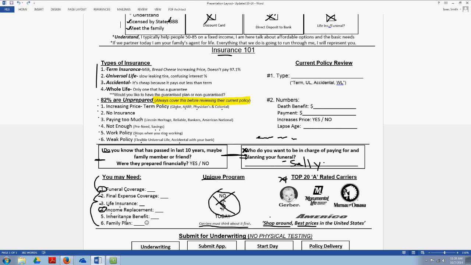And the last one's a family plan. Again, like I said in the beginning, Ms. Johnson, if we partner today, I'm your family's agent for life. I specialize with people 50 to 85, but I work with people 0 to 90. So if you have grandbabies, your daughter, your son, your brother, your sister, all of those people, eventually I'm going to talk to them, introduce myself, shake their hand, and make sure everyone's covered properly, all right?